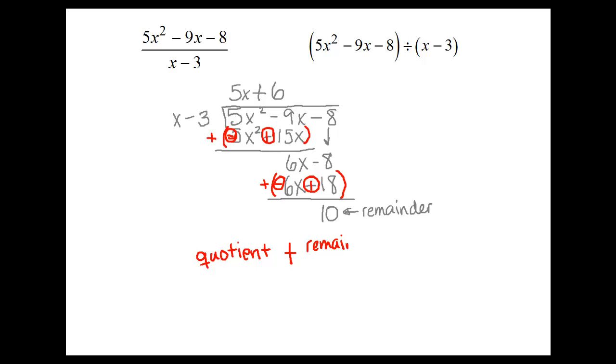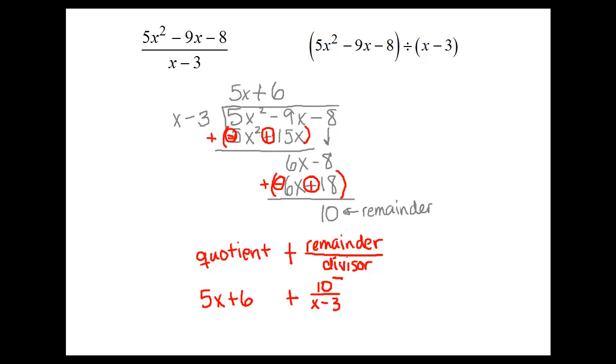In this case, that's the 10 over what's called the divisor, and the divisor is the expression that's out front of the division symbol. So when I use that format to write my answer for this problem, we will have 5x plus 6 as our quotient, and then plus our remainder, 10 over x minus 3.